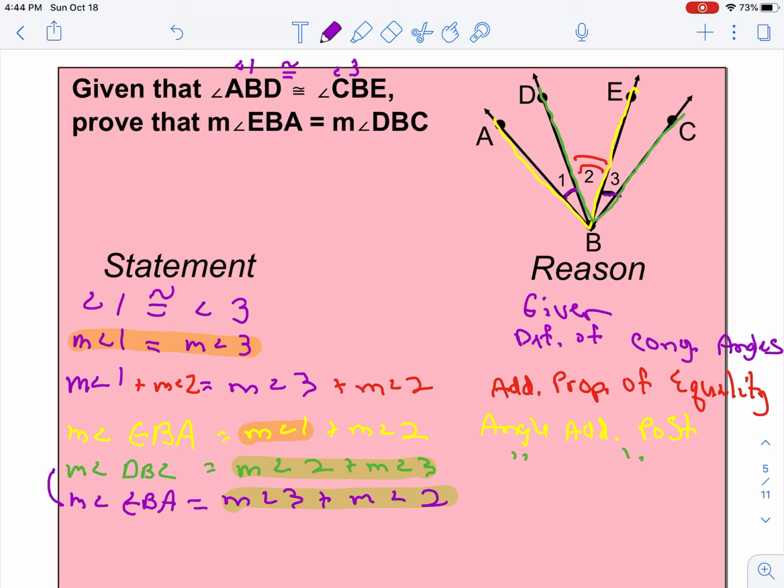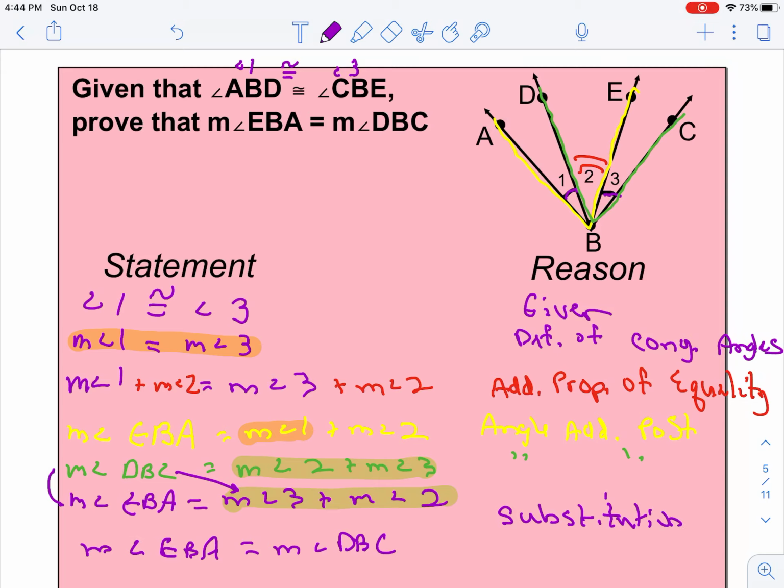So now we can actually go back and say that the measure of angle EBA then is equal to the measure of angle DBC, because we can substitute what it is equal to. And so this is our substitution, and we have proved what we set out to do.